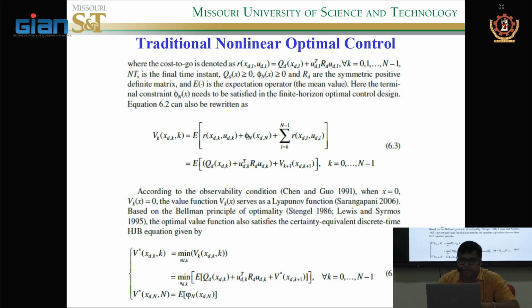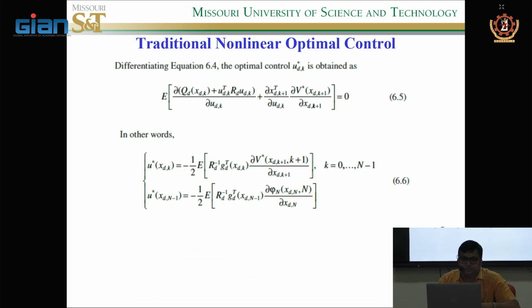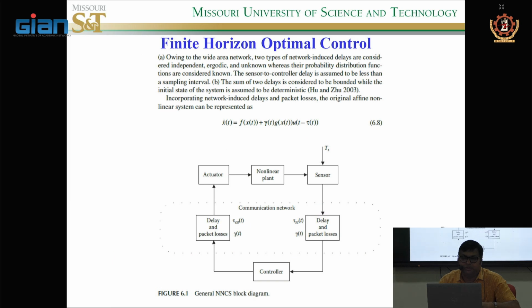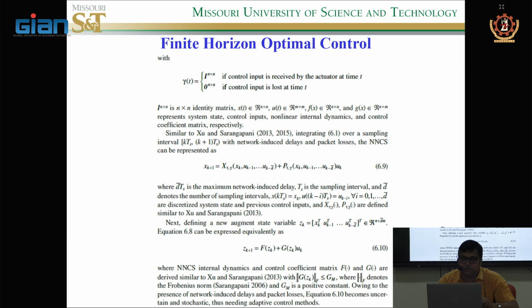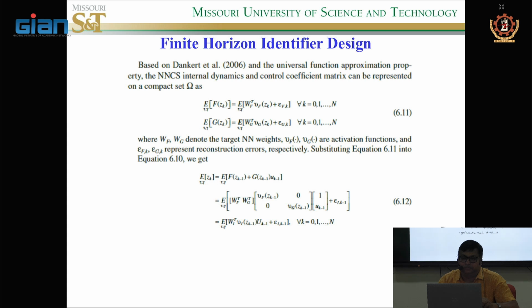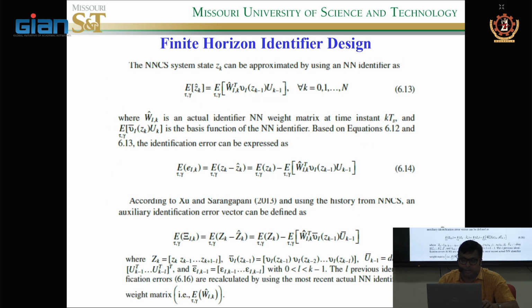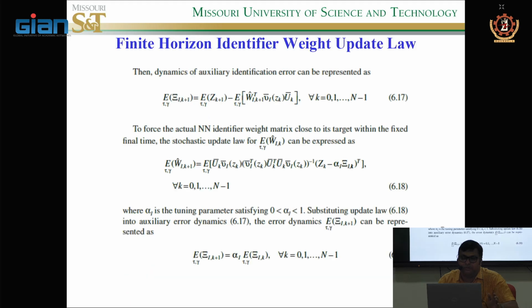Then the value function, then the HJB equation. This is for the finite horizon optimal control. This discussion has already been made. I am just showing you so that you can recollect what we are going to be talking about.